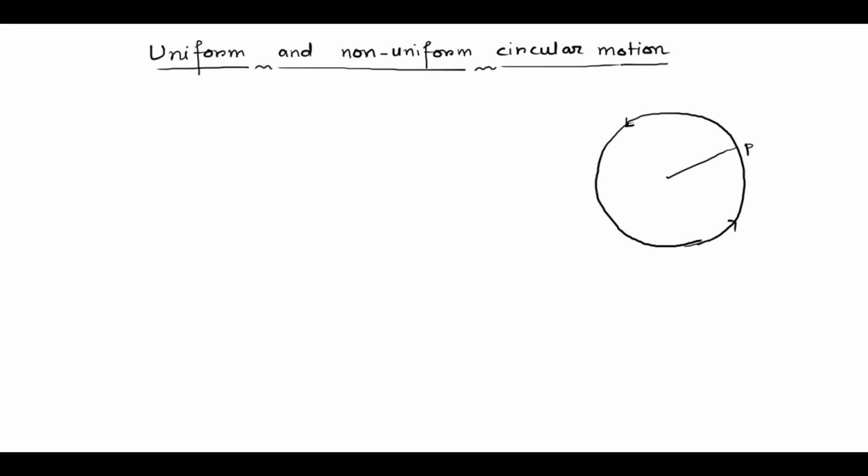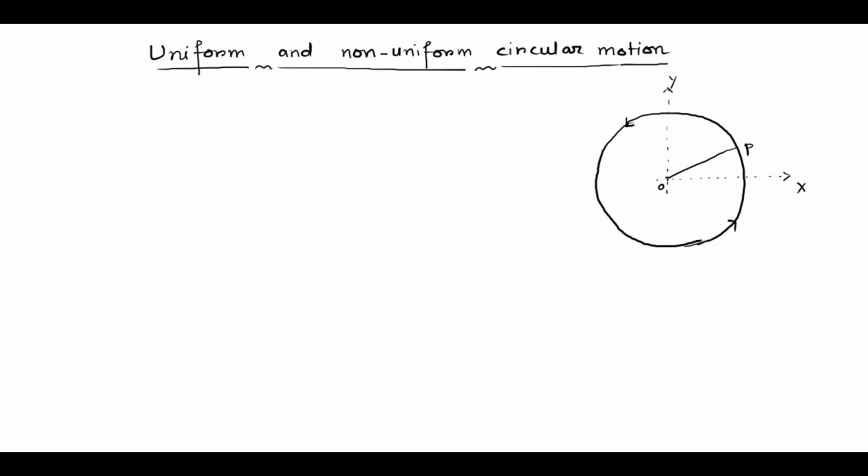To describe the motion, we have to calculate first the unit vector. For that, we have to give the direction or Cartesian coordinate system. So this is our x-axis and this is our y-axis. To calculate the unit vector, there are two types of unit vector.